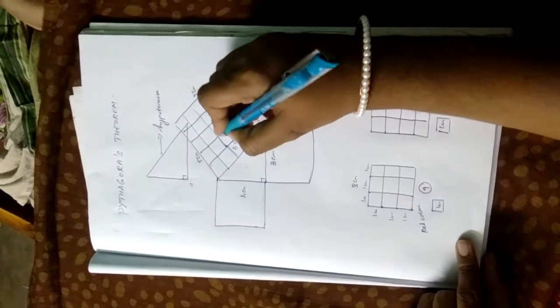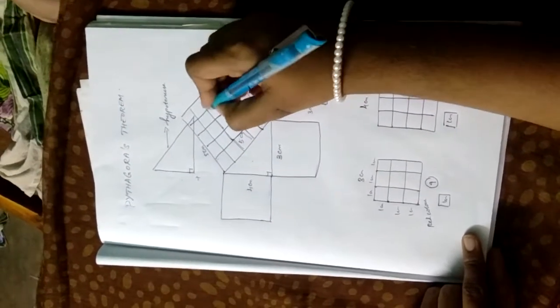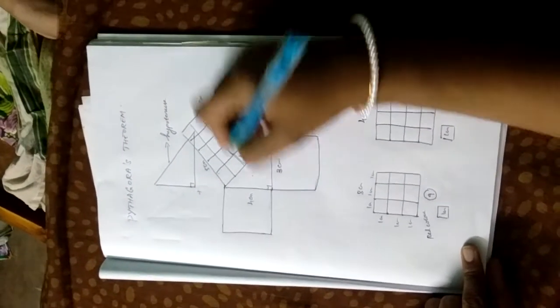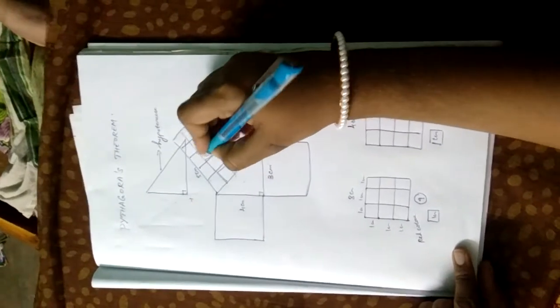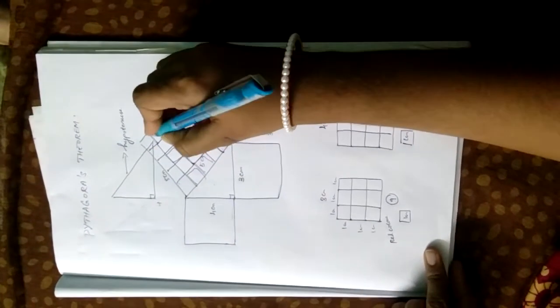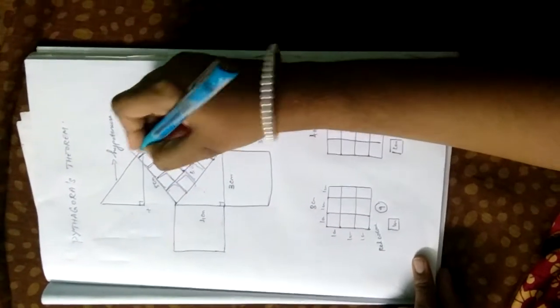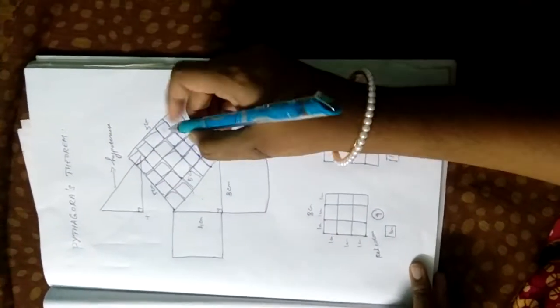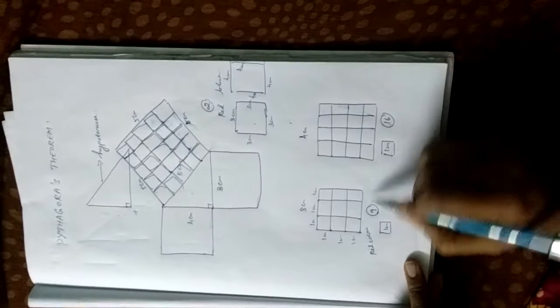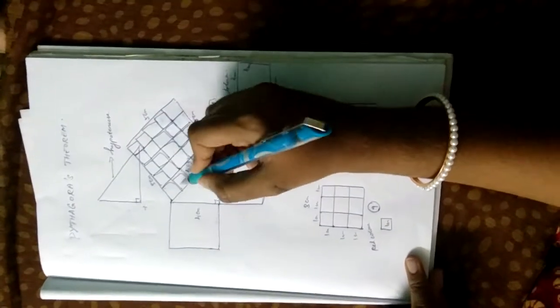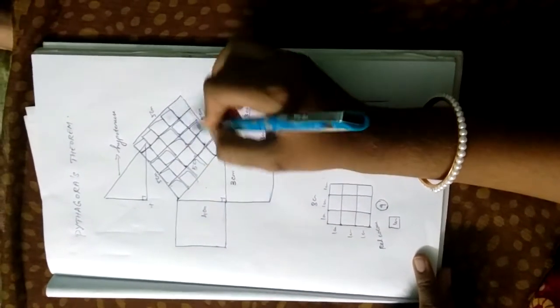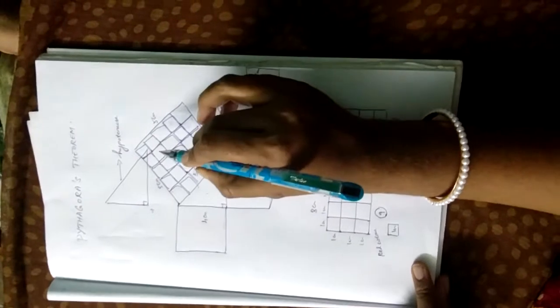Finally, you can paste all the 25 pieces. So all the pieces cover the square of the hypotenuse when you stick them in.